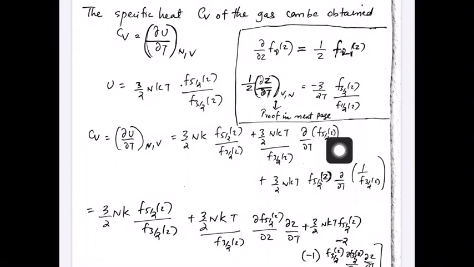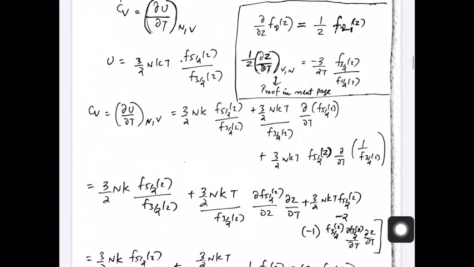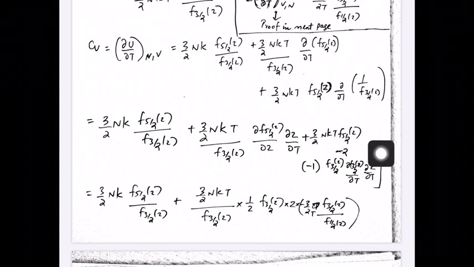This is a function of z, where z is a function of temperature. So I am writing this as ∂F5/2(z)/∂z into ∂z/∂T. Here I write this as ∂/∂z of 1 by F3/2(z) into ∂z/∂T.